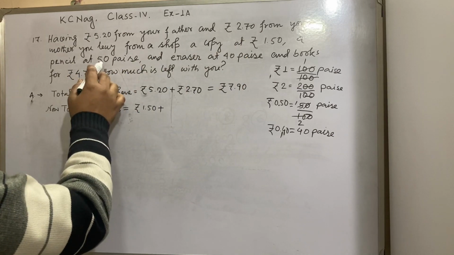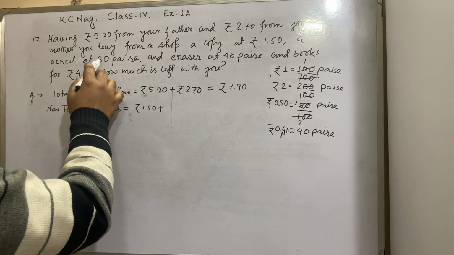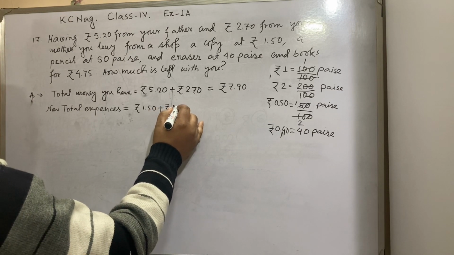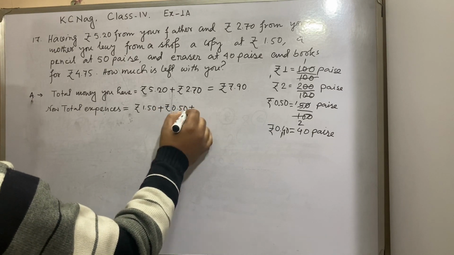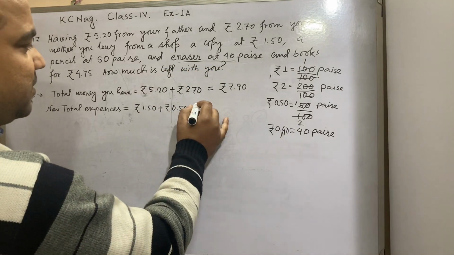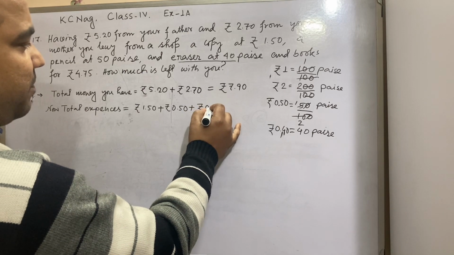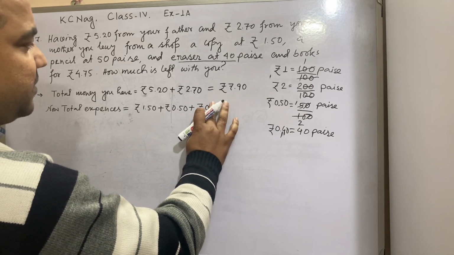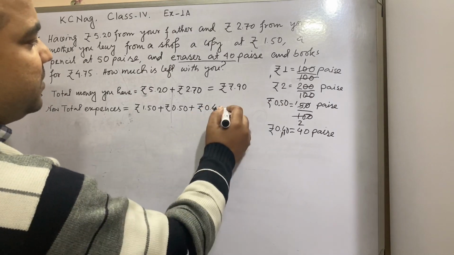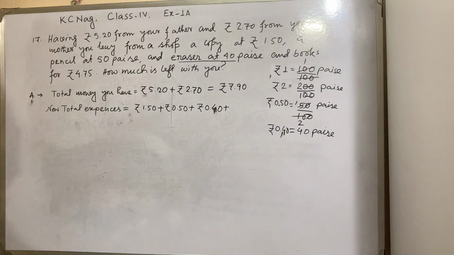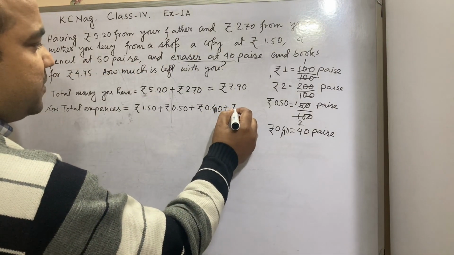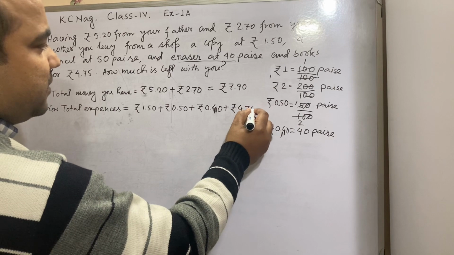Copy, a pencil at 50 paise. That means 50 paise means rupees 0.50, plus an eraser at 40 paise. 40 paise means 0.40 rupees, plus books for rupees 4.75.